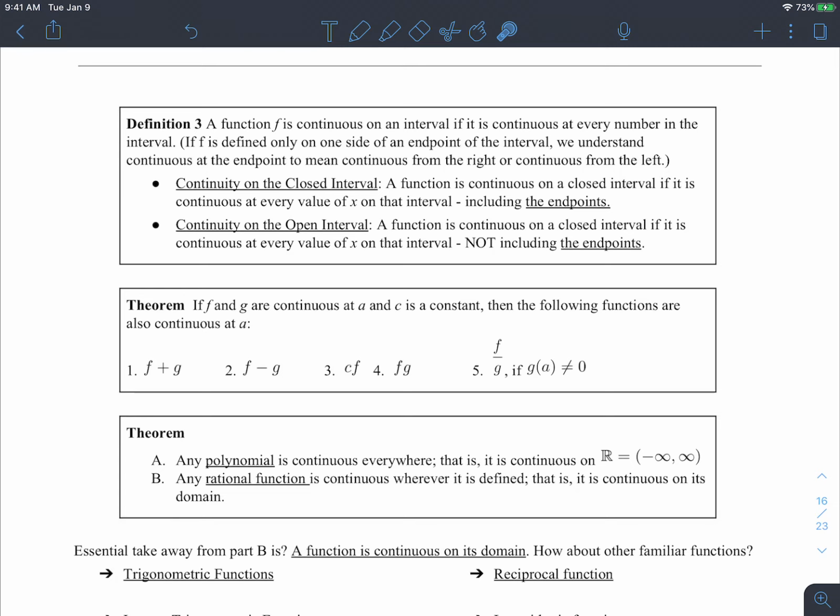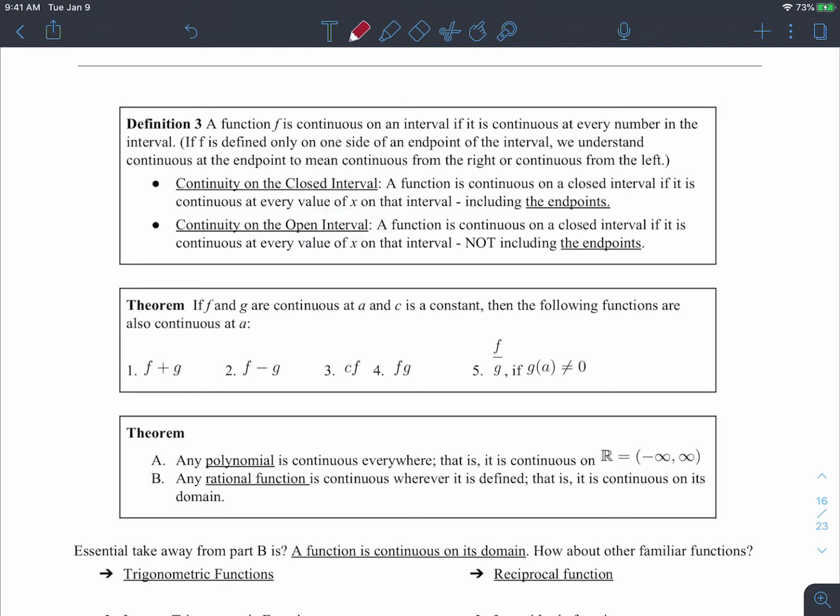So I put some implication over here, that there's a little bit more to it actually. Sometimes we do only one side or the other, but sometimes we have something called a closed interval, which means that the function is continuous on a closed interval if it's continuous at every value in the interval, including the endpoints. If you exclude the endpoints, then we call that an open interval.